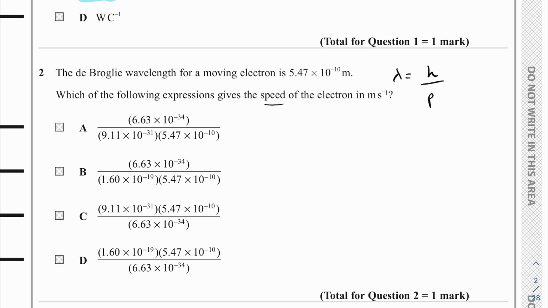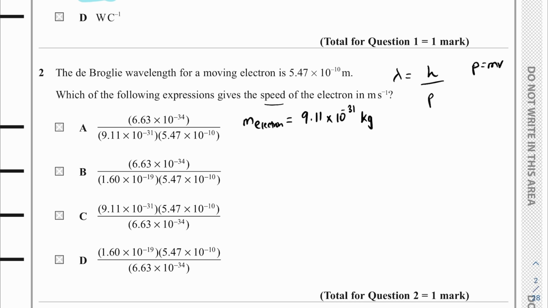We want the speed, and we know momentum is equal to mass times velocity. The mass we're talking about is the mass of the electron, which is given to us as 9.11 times 10 to the power minus 31 kg.